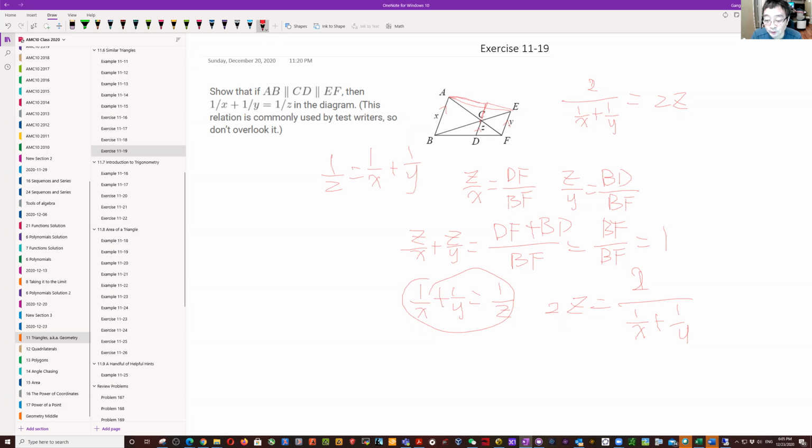If you draw another line here and draw D, G, let's say G, then DG is double Z. So it's actually the harmonic mean of those two values.